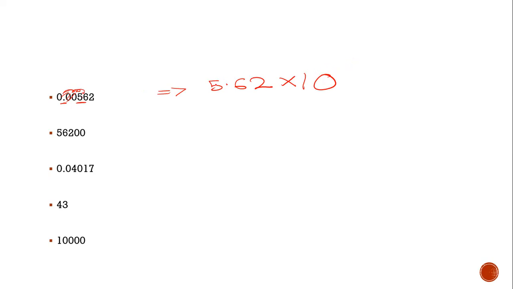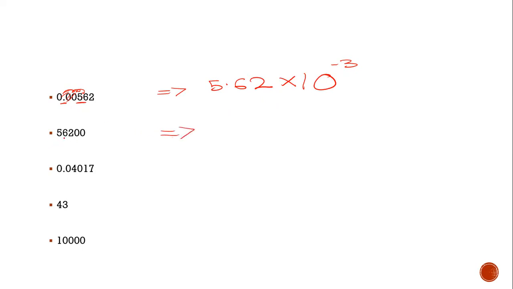So our answer will be 5.62 times 10 to the power minus 3. The minus because it came from the left, and 3 because we moved the decimal point by 3 places. So that's how you can change this to standard form or scientific notation.